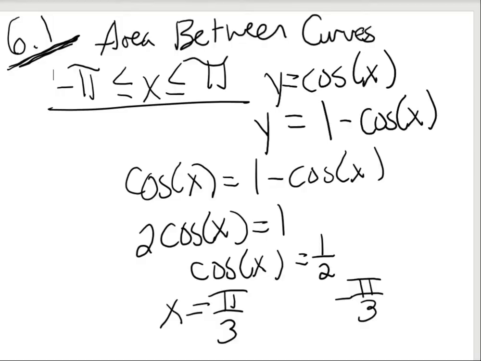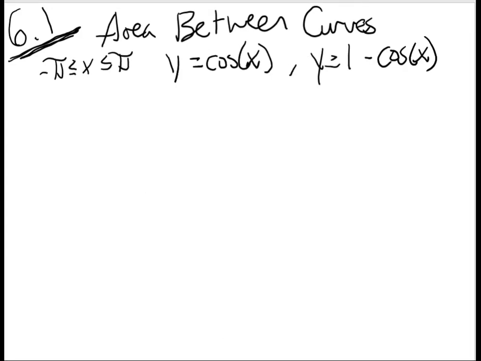If we go back, so we're back here, we're going to want to do, it's still from negative pi to pi, but notice that these cross at certain points.